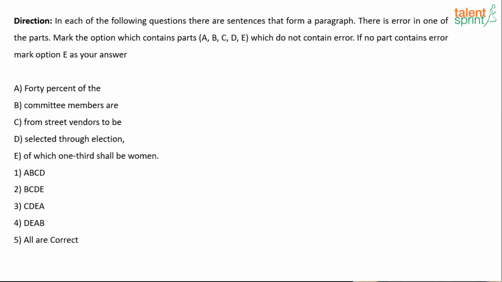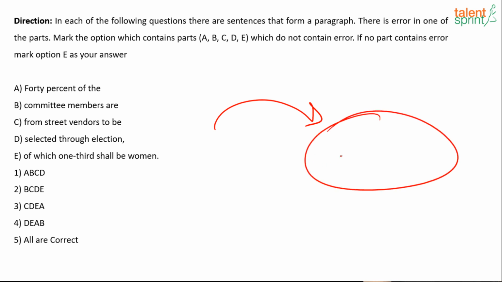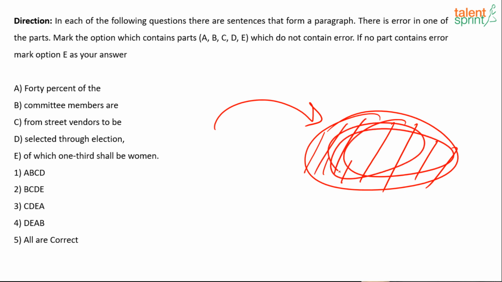40% of the committee members are from where? So we are talking about they are from a certain place, and which place is that? We are not talking about a place here, we are talking about a group. When we are talking about a group, we are talking about something, they are among this group.